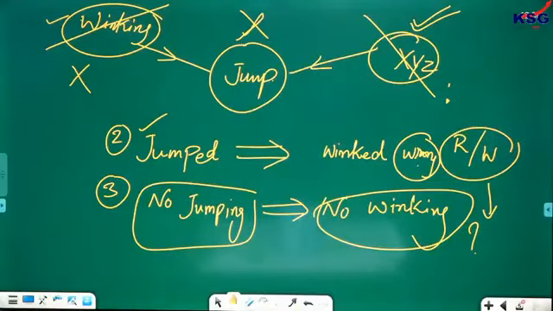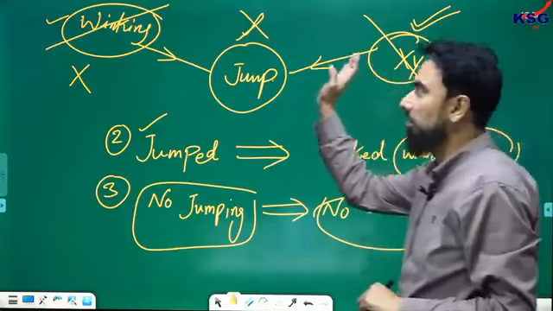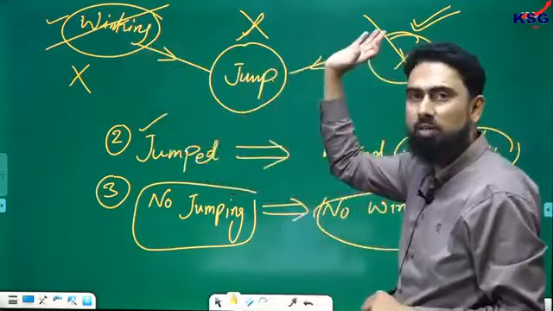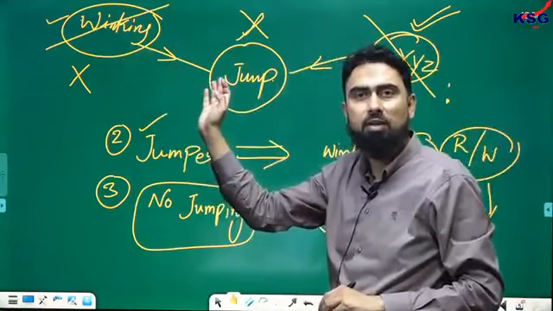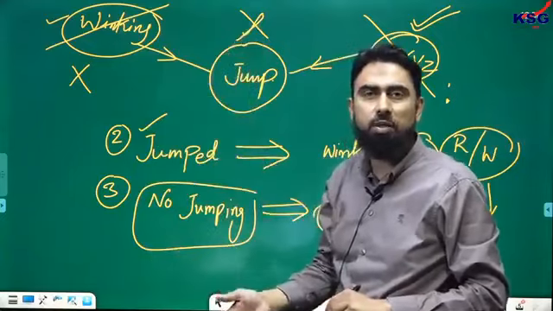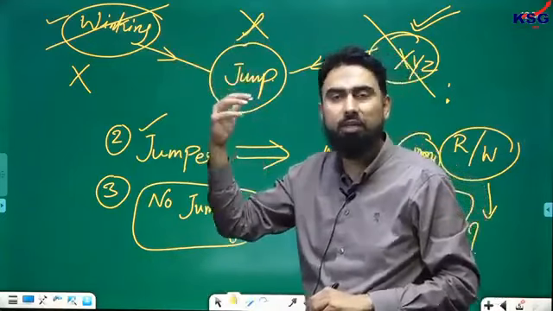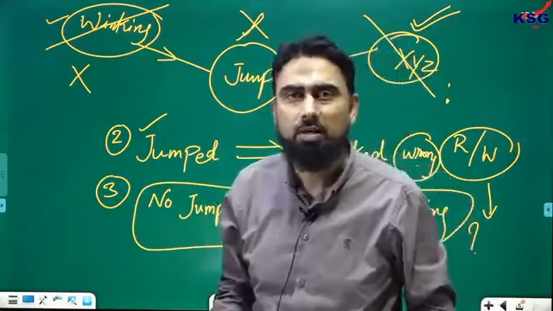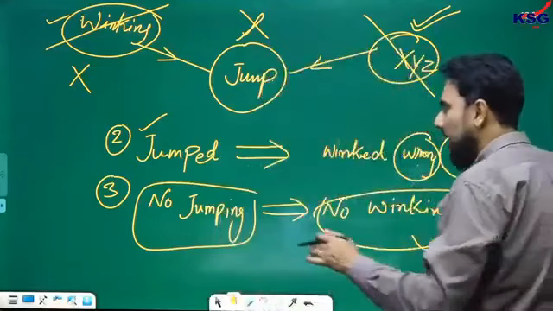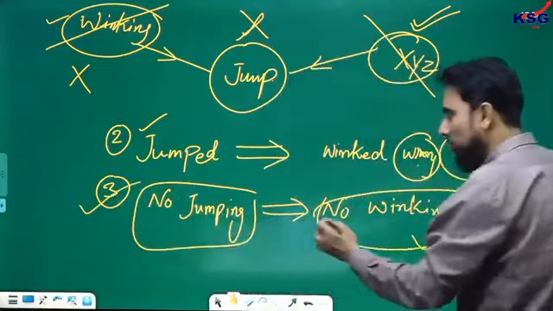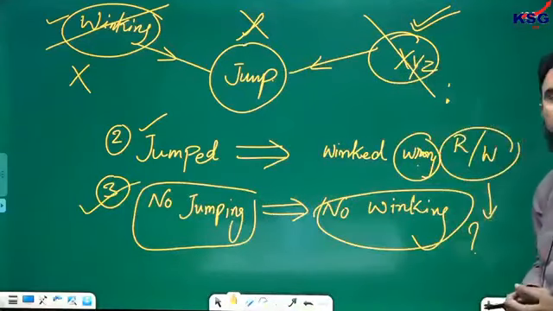took place. Because the occurrence of winking or XYZ must have caused jumping. But since the jumping itself did not take place, it means neither of the causes must have taken place. Hence, this statement is absolutely correct. No jumping means no winking. We are sure of this.